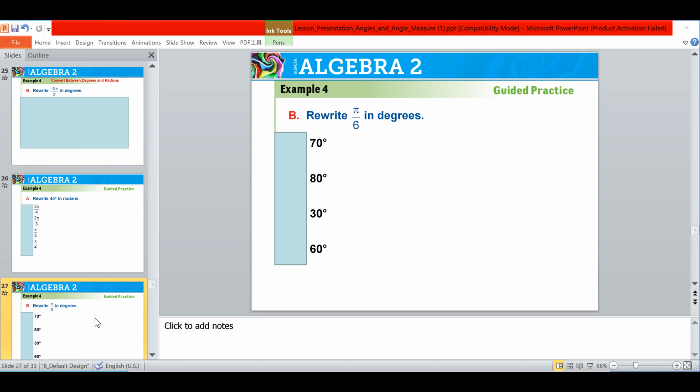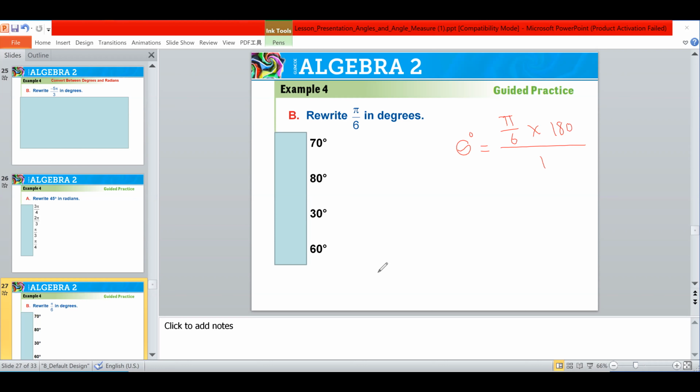So degrees equals pi over 6 multiplied by 180 over pi. Excellent.